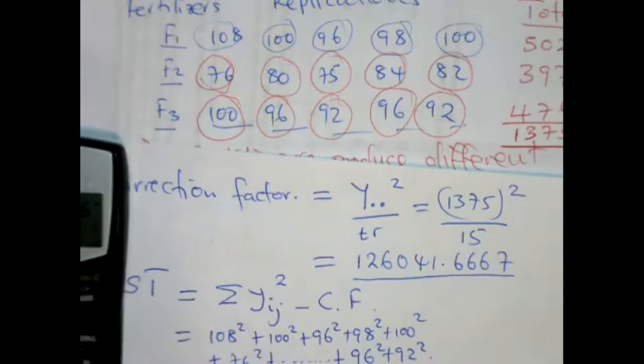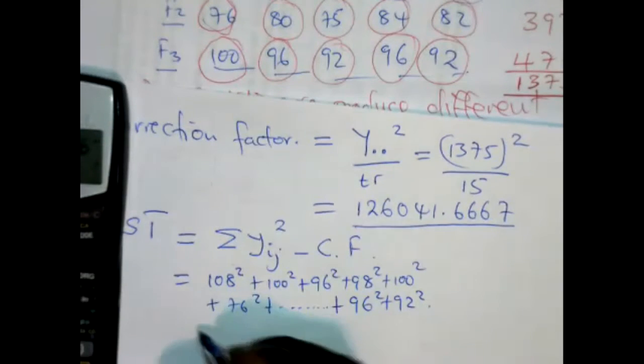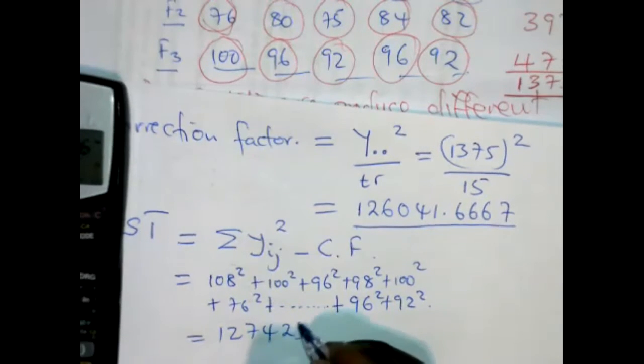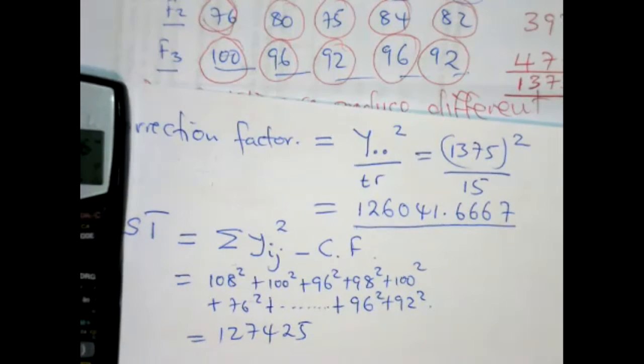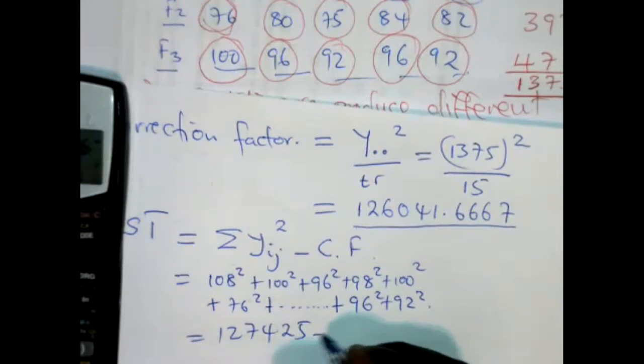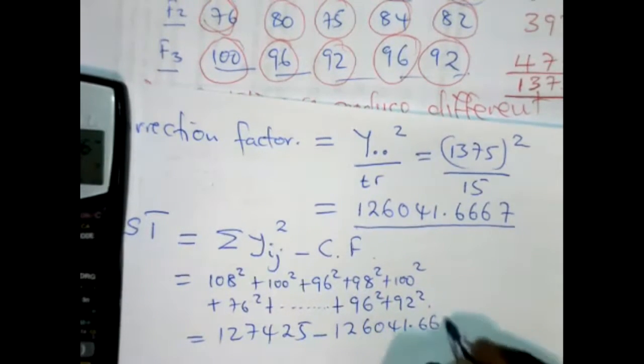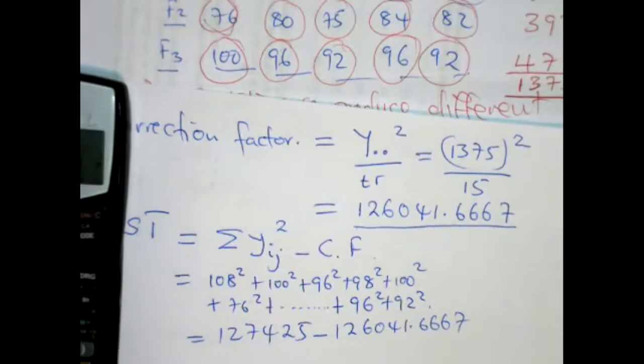So I'm getting 127425 as the total after squaring each number and adding, minus our correction factor, which is 126041.6667.